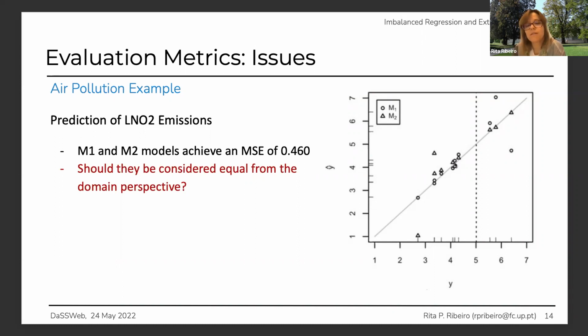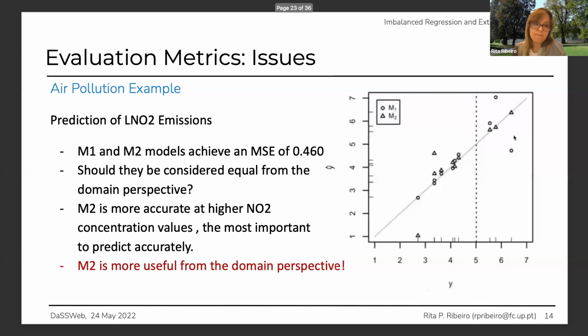But should they be equal from the domain perspective? If we look closer at the predictions made by M1 and M2, we see that M2 makes big errors here and smaller errors here, and M1 is in the opposite direction, in the sense that it is very accurate in this region, but it misses by a lot here. So they should not be equal, not if we look from the domain perspective.